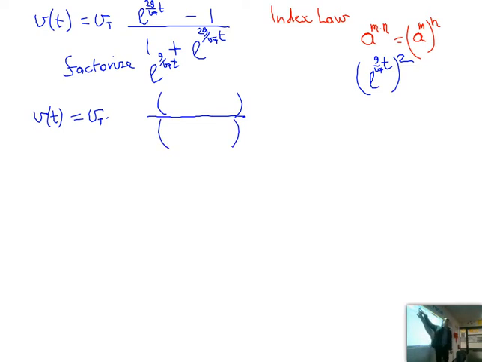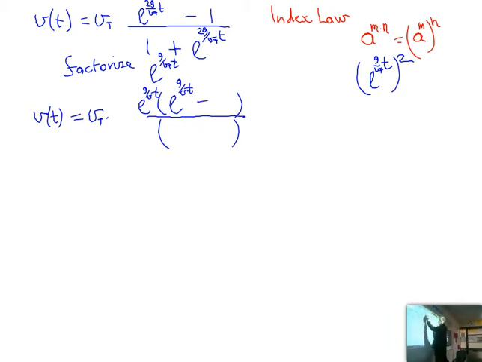So I've got two lots of that exponential in each term. If I take out one of those exponential factors, then I've still got one left in the term. But if I factorize it from the number 1, because there's no factor there, I've got to do a division of it.